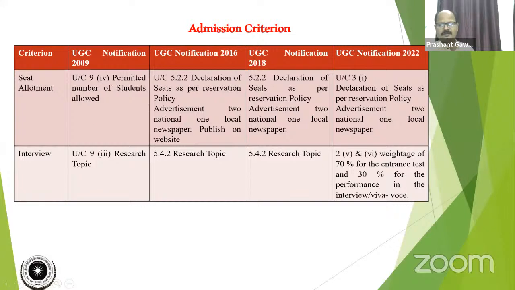Similarly, under 2009 there is a permitted number of students.